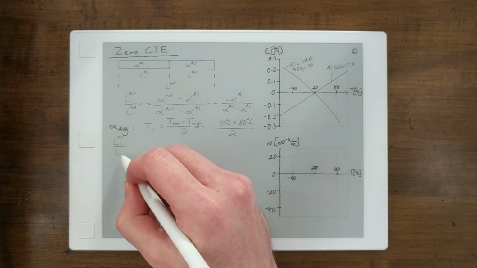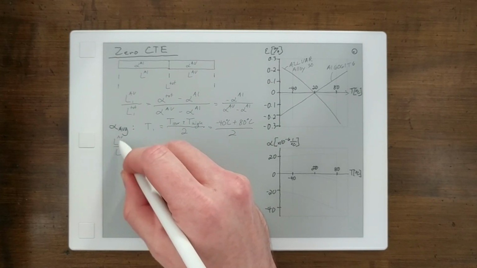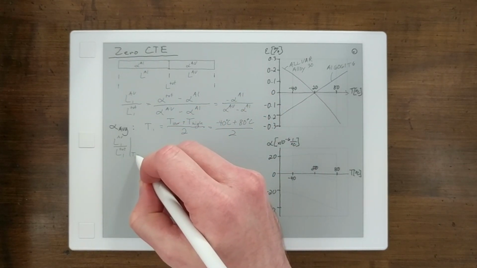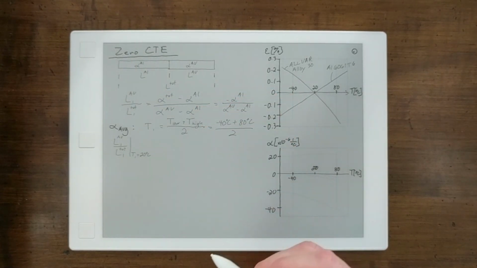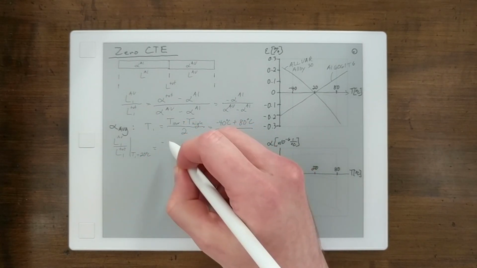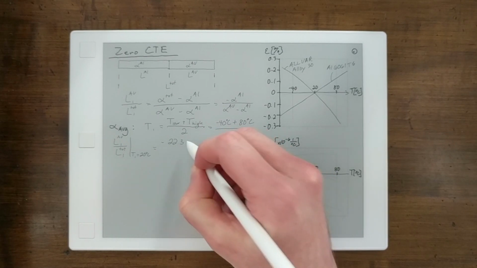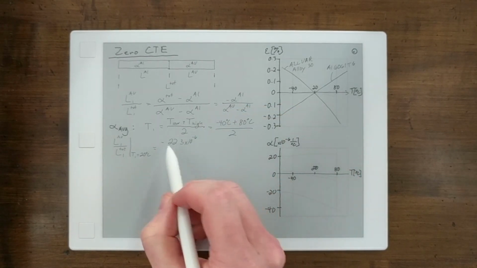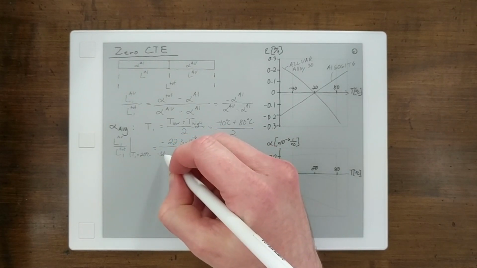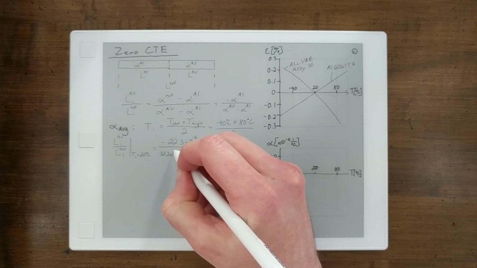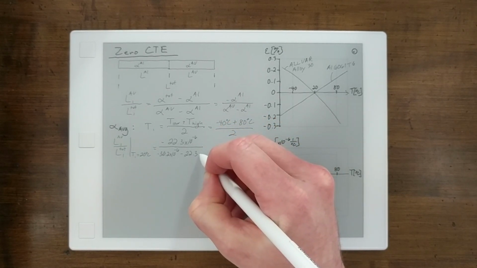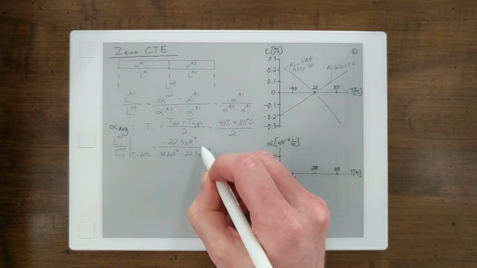So this ratio of ALLVAR to the total length at T1 equal to 20 degrees C is equal to negative 22.3 times 10 to the negative 6 divided by negative 30.2 times 10 to the negative 6 minus 22.3 times 10 to the negative 6.